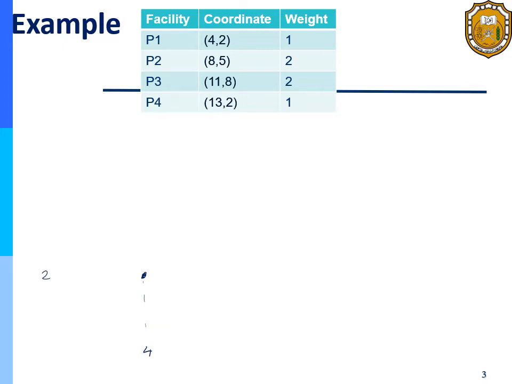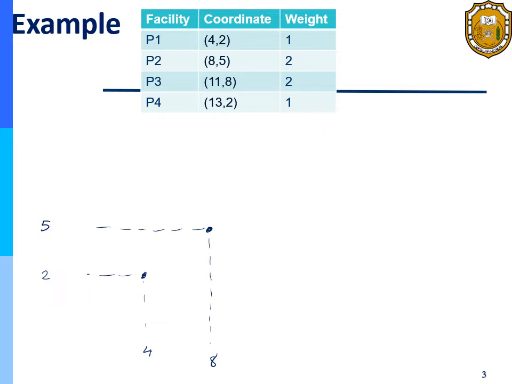Okay, then the next facility P2, where is it? It is 8 and 5. So assume 8 and 5 is somewhere here. This is 8 and this is 2, this is 5. Okay, and then P3 is 11 and 8.